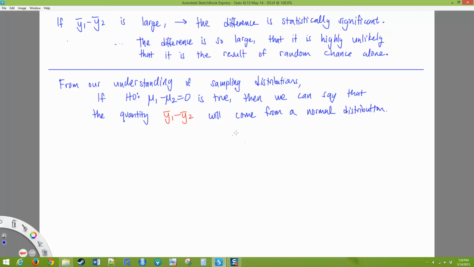And the properties will be that the mean is equal to 0, and the standard deviation is equal to the square root of sigma 1 squared over n1 plus sigma 2 squared over n2, all square rooted.